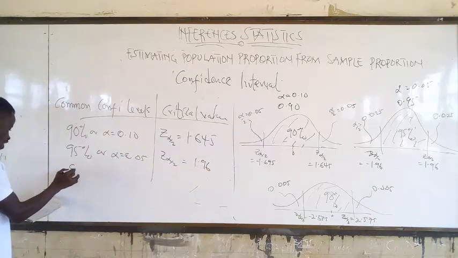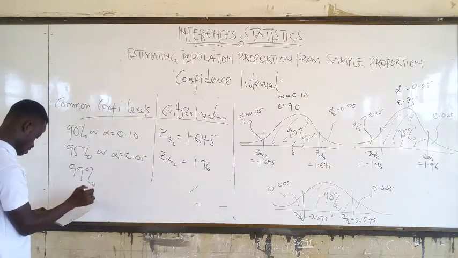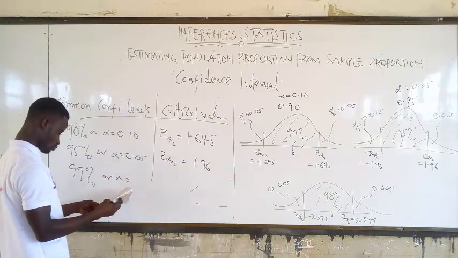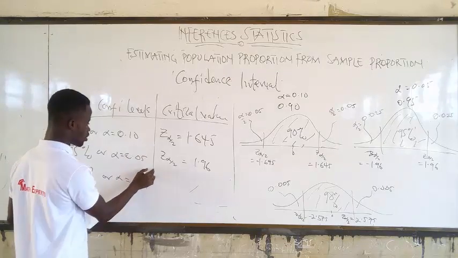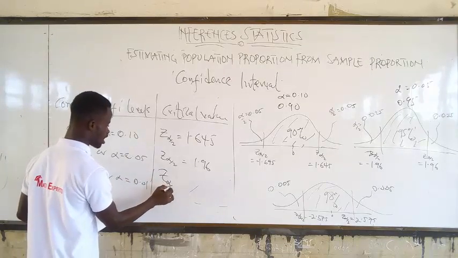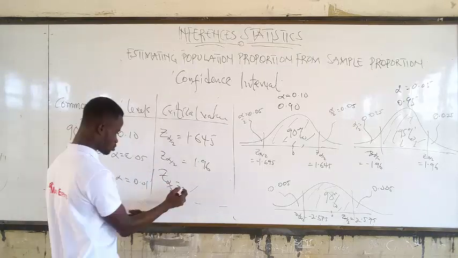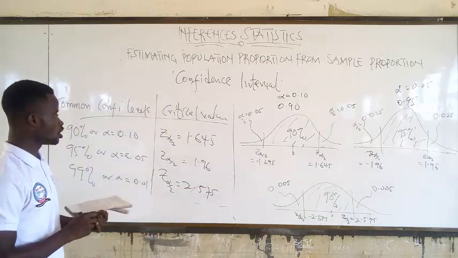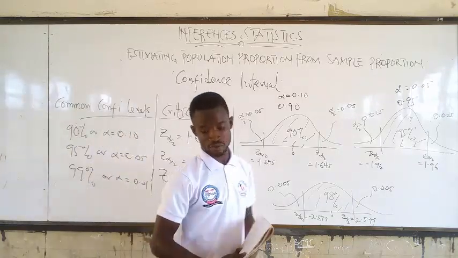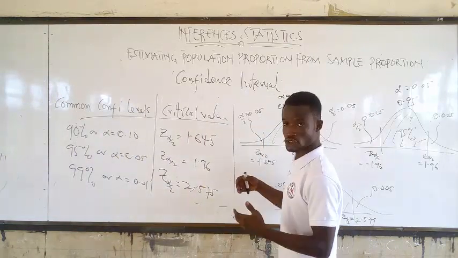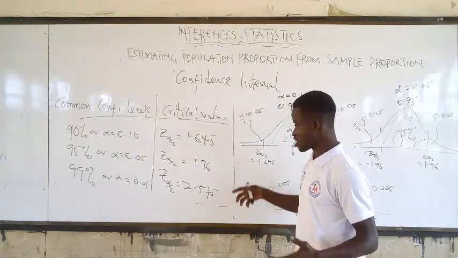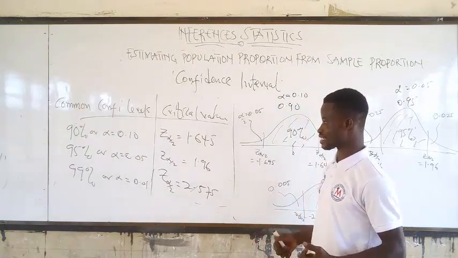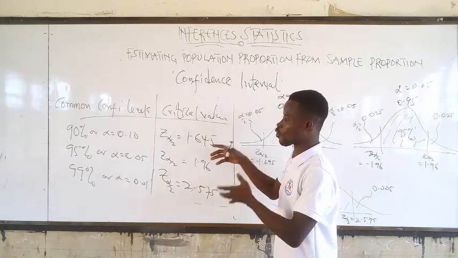Beautiful. If you have 99%, you know it can be 100%. Alpha level of 0.01. Alright, so Z alpha over 2 is going to be 2.575. Good, beautiful. So please, even if you don't know how to find these scores, when dealing with these questions, these are the ones which are commonly used.